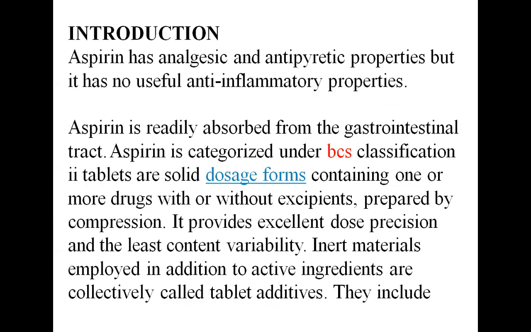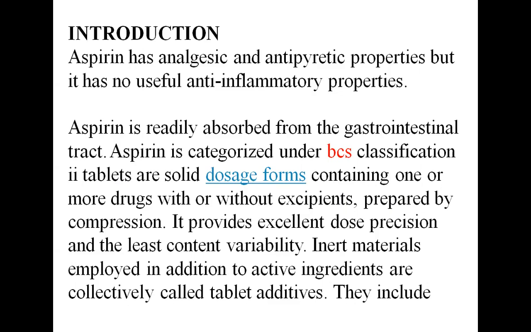BCS is the biopharmaceutical classification system, which was discovered by the scientist Gordon Amidon. The scientist classified four major classes: the first class is highly soluble and highly permeable, and the second class is highly soluble and lowly permeable.